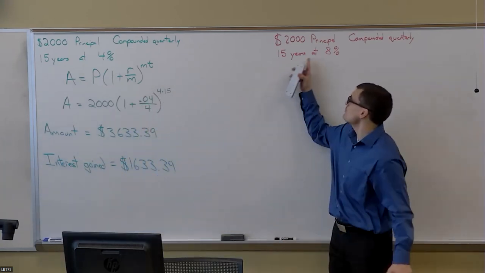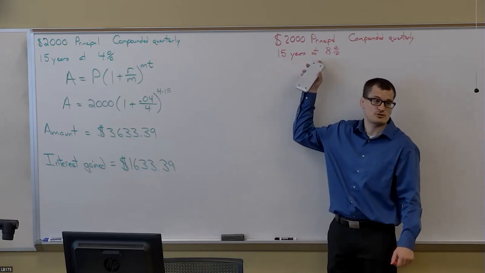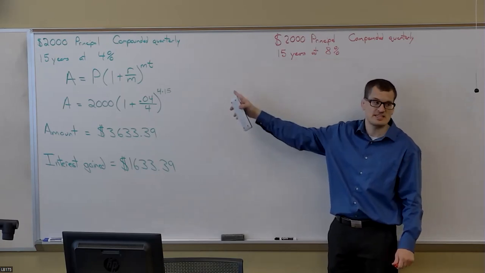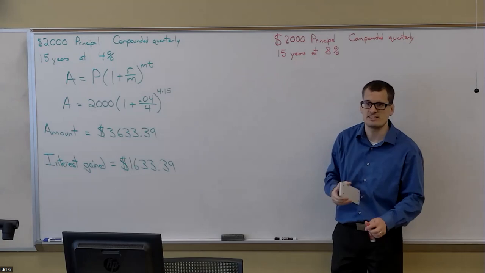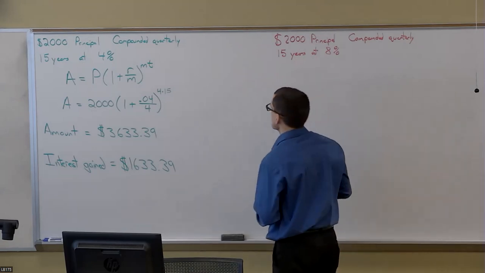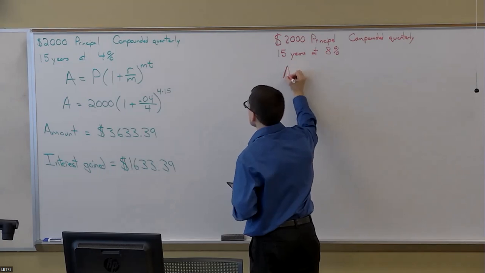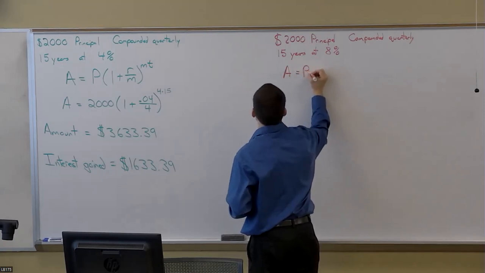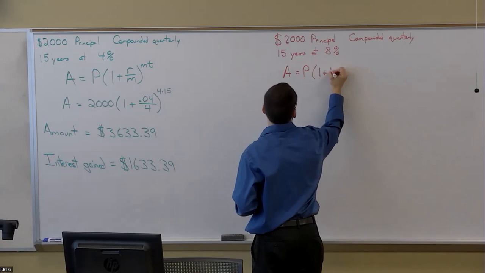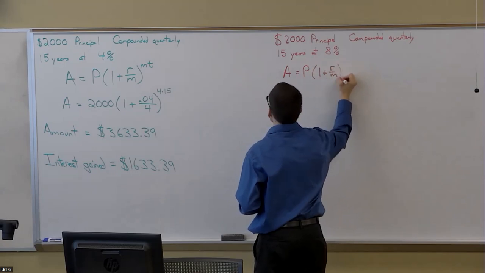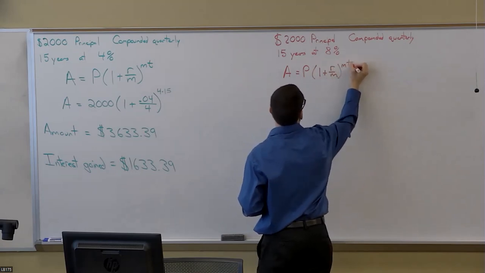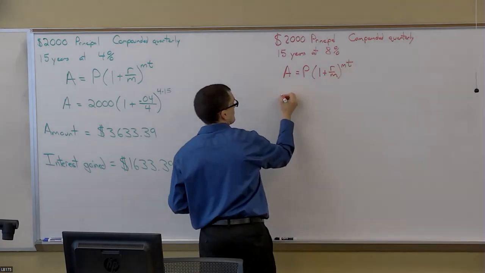Now, if we double the interest rate, we go from a 4% gain to an 8% gain. Most of the calculations are going to look identical, except for obviously the R changes.